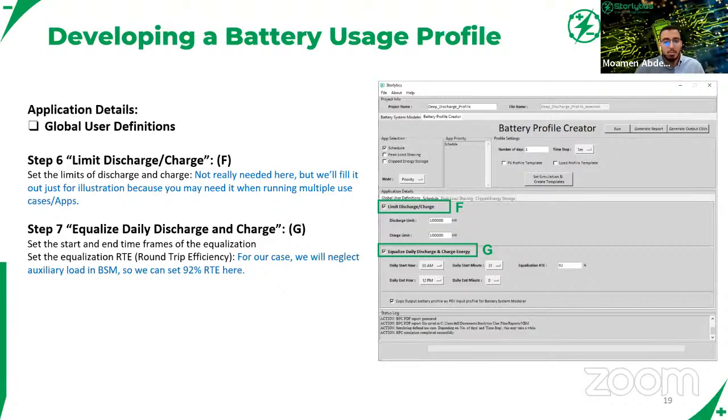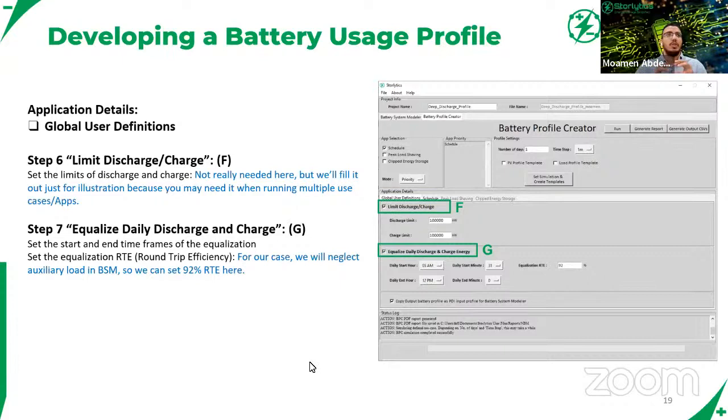And here I just want to stop and illustrate it step by step: why we need the energy equalization in our project. I think we all know that no battery is 100% efficient.